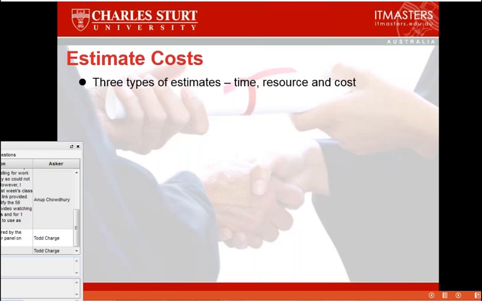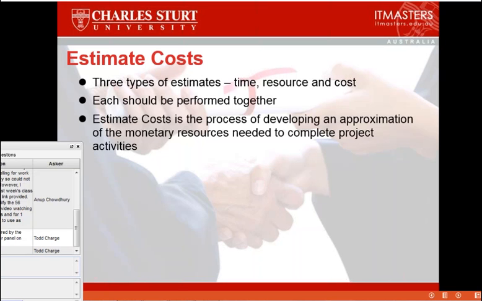We're focusing on costs, but the point here is that maybe we should be looking at each one of those together. Really, there's a lot of interaction between time, resources, and cost, and we need to manage those and do iterative planning so that we go around in various loops until we're happy that we've got things properly estimated.